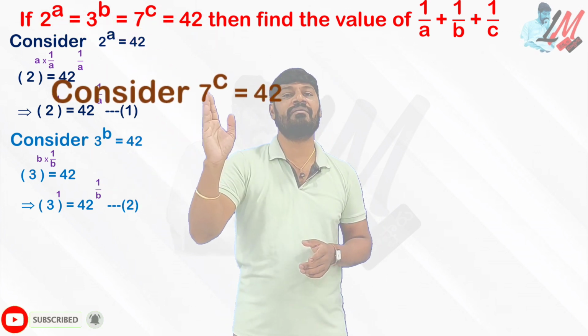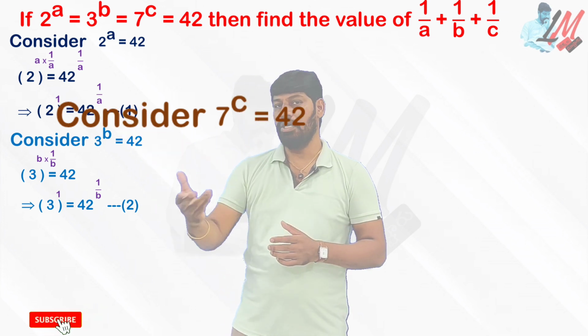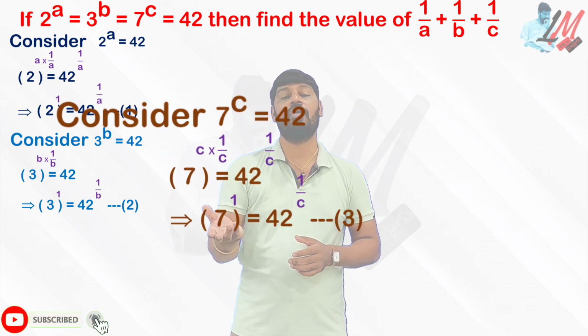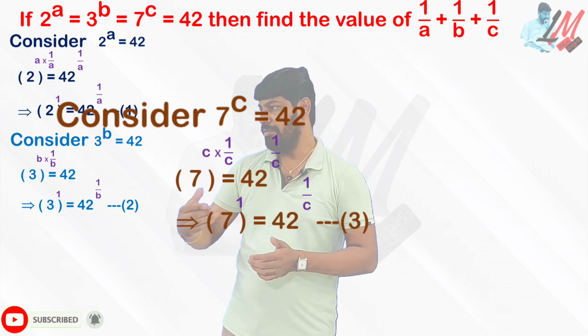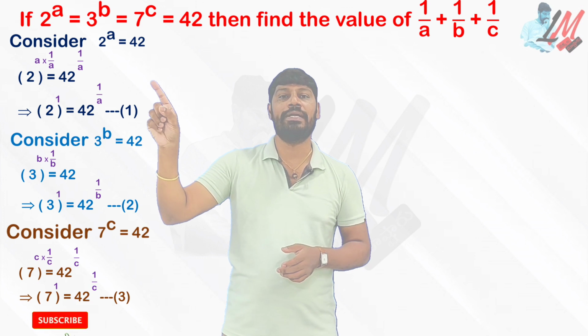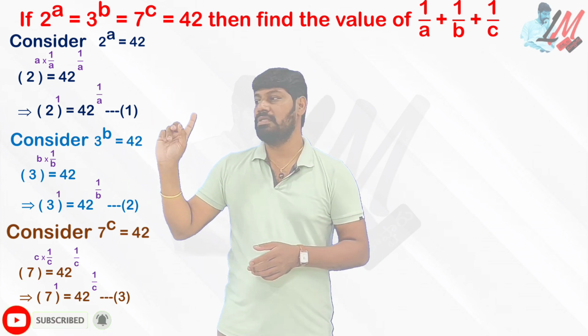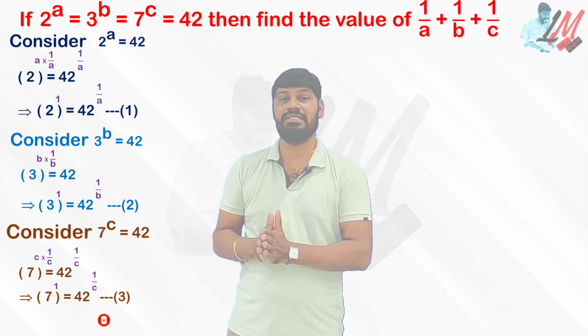Similarly, if you take the third one, 7 power c equal to 42, raising the power 1 by c on both sides, you get 7 equal to 42 power 1 by c. Let me make it equation 3. So we have 2 equal to 42 power 1 by a, 3 equal to 42 power 1 by b, 7 equal to 42 power 1 by c.